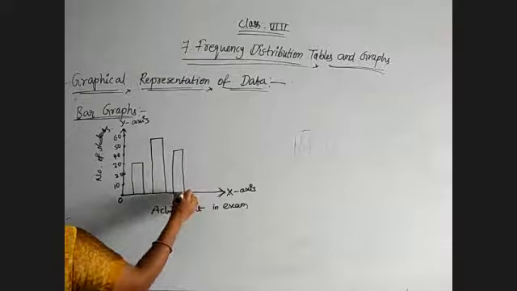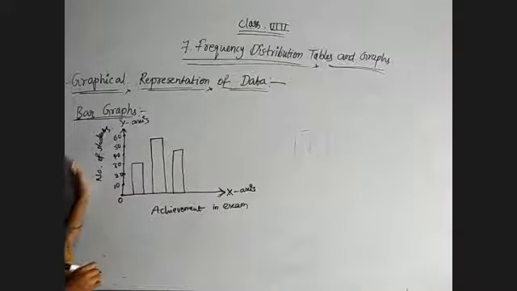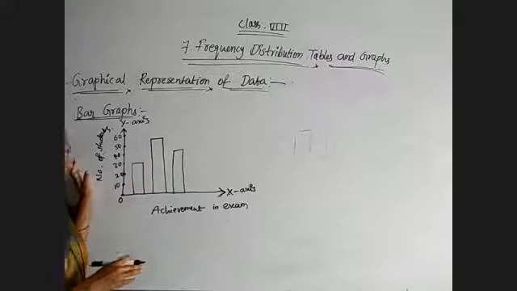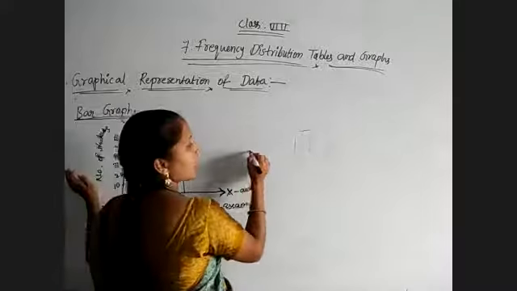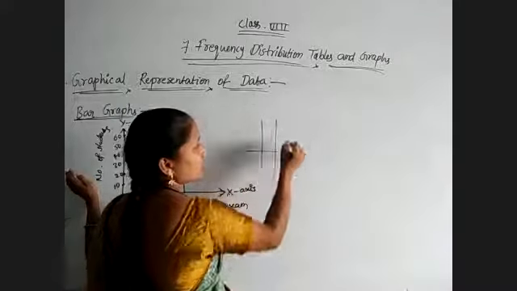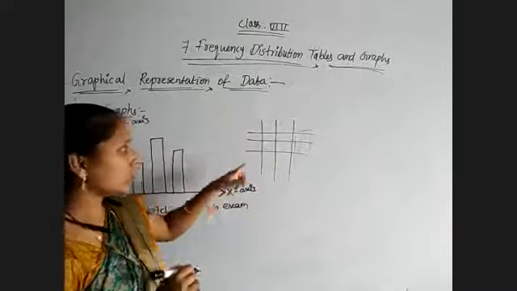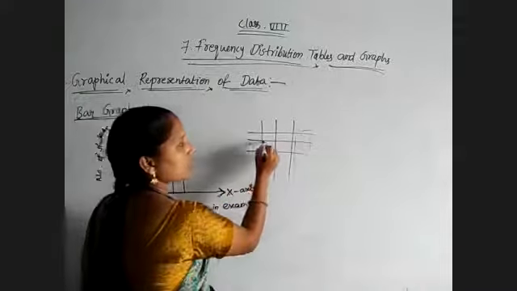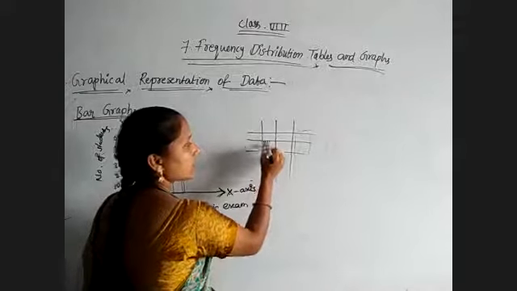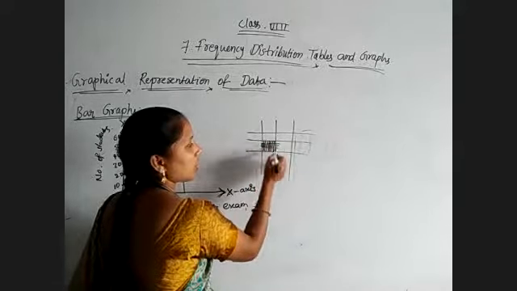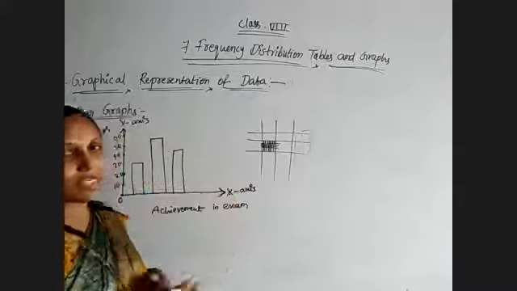See, compulsorily we need to represent this data by using a graph paper only. Why? Because we have to take correct measurements. In the graph paper, we will get horizontal boxes and vertical boxes, and in each box, 10 smaller lines you will get horizontally as well as vertically. Between them, the fifth line will be somewhat thicker.